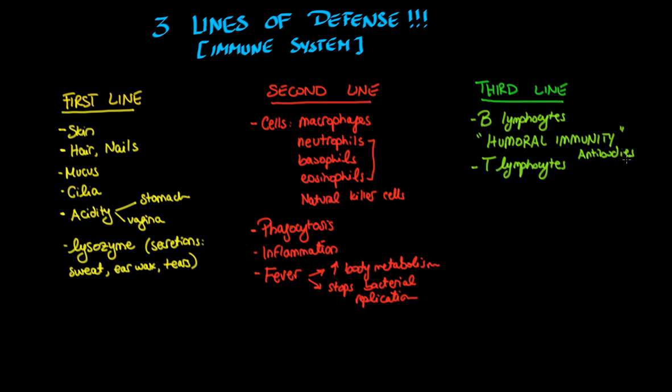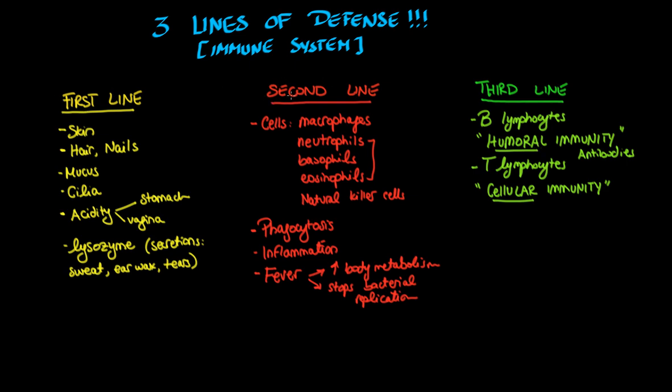And then we have the T lymphocytes, and these are the ones responsible for cellular immunity, meaning that they are responsible for killing off infected cells or cancer cells. So when it's a cell that needs to be targeted, that's when the T lymphocytes are involved. And if it's an extracellular antigen or pathogen that needs to be targeted, that's when the humoral immunity and the B lymphocytes kick in.